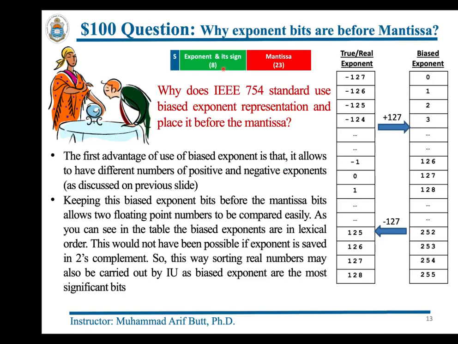And keeping the biased exponent bits before the mantissa bits allows two floating point numbers to be compared easily. As you can see in this table, the biased exponents are in lexical order 0, 1, 2, 3 and so on. This would not have been possible if the exponent were saved in 2's complement. So this way, sorting real numbers may also be carried out by the integer unit, as the biased exponent bits are the most significant bits.